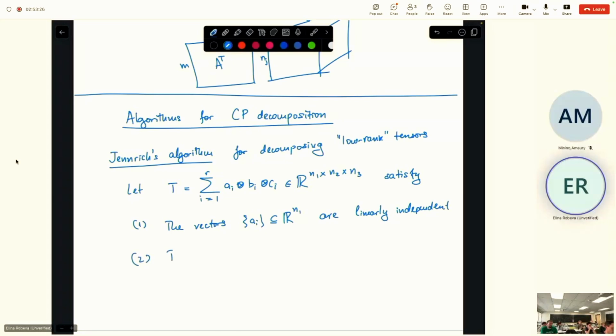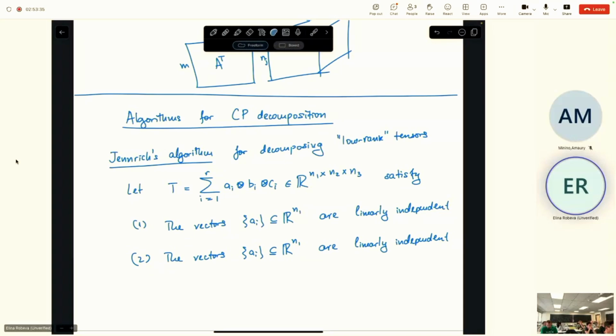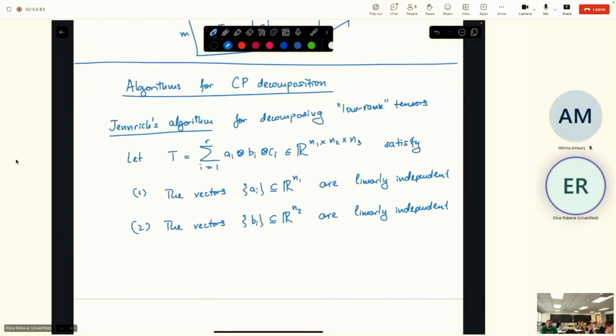Then the vectors b_i are linearly independent. And finally, every pair of vectors in c_i is linearly independent.